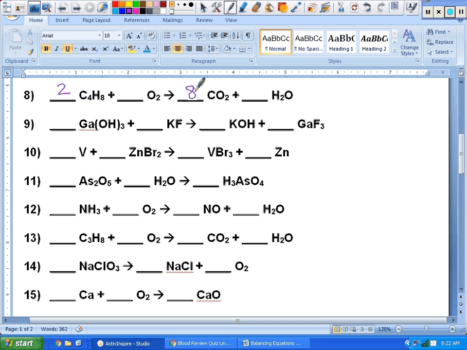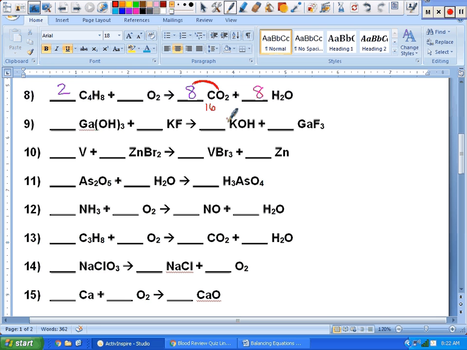Okay? Now let's move on to hydrogens. How many hydrogens do I have on my left? 16. How do I make it 16 on the right? Put an 8. Now this is where you got to do a little bit of math. All right, so let's look at oxygens on the right-hand side. So how many oxygens do I have in CO2? How did you get 16? 8 times 2.